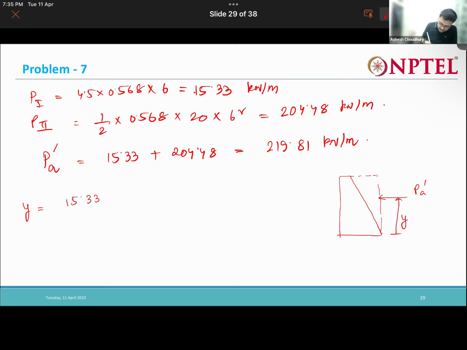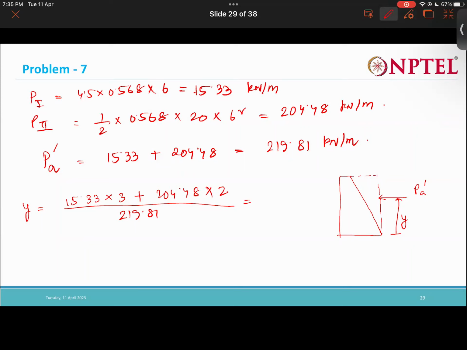So 15.33 into how much? 3, plus 204.48 into 2, divided by 219.21. So what is my y? It's 2.707.